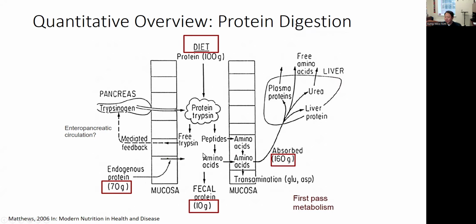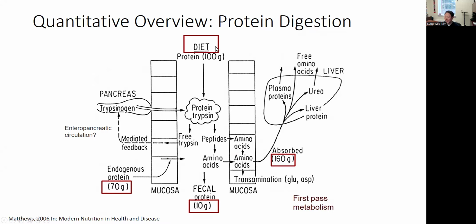Out of this 170 grams, 100 here, 70 here, almost all, which is 160 grams, will be absorbed into the body in the form of amino acids. The remaining 10 grams are supposed to be undigested and excreted later as a part of feces.